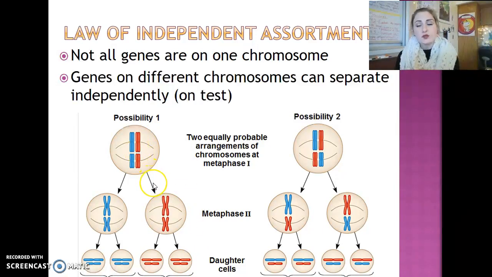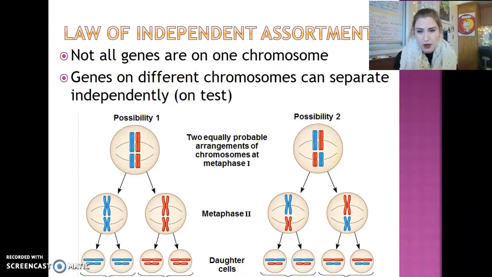During the first round of meiosis and anaphase, when our cells start to separate those chromosomes, I'm going to either end up with both of the chromosomes that my mother gave me in one egg and both of the chromosomes that my father gave me in another egg, which means after the second round of meiosis, I'm going to end up with haploid cells that once again only have my mom's material, and then another haploid cell that only has my father's material.